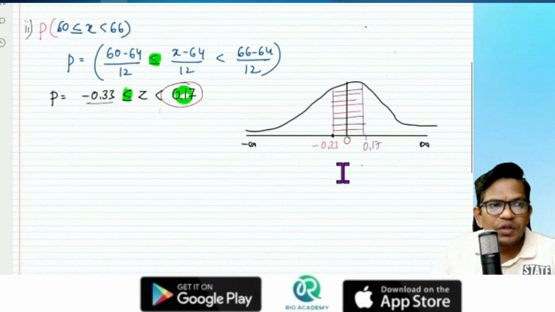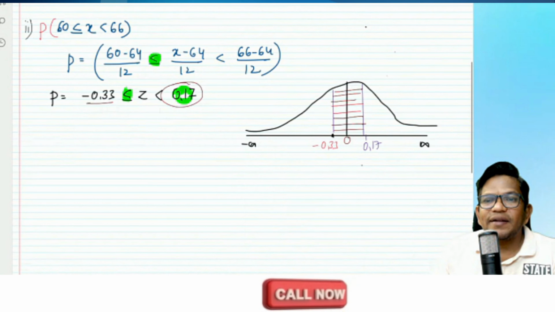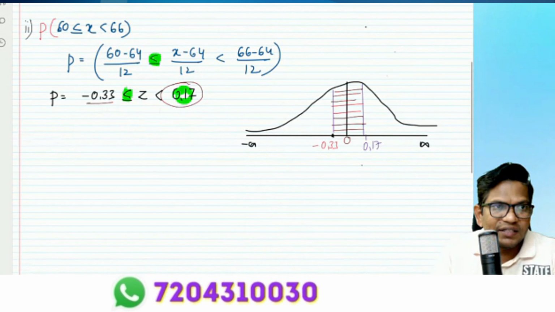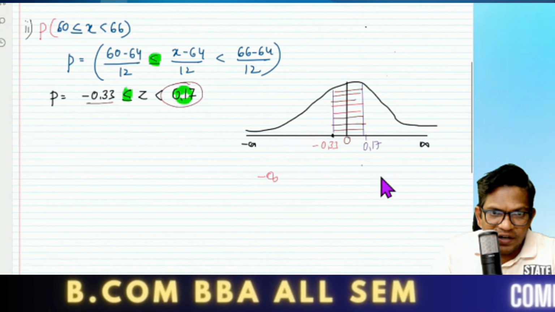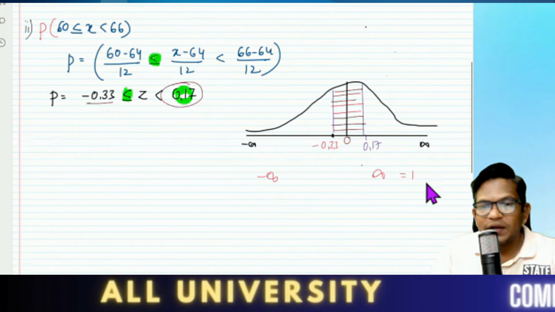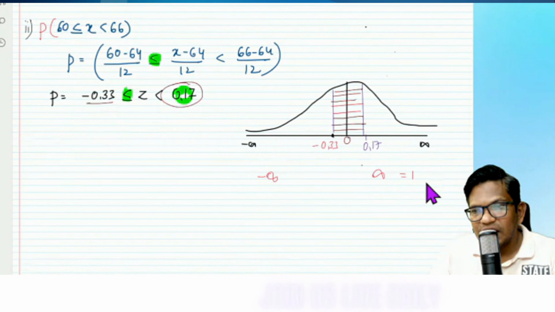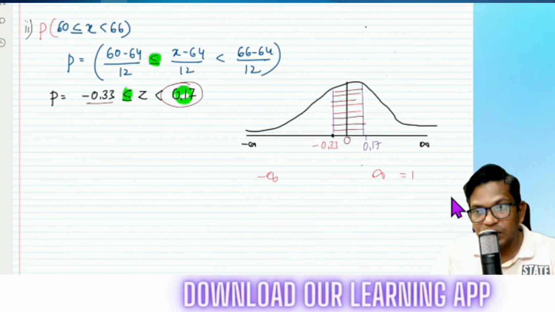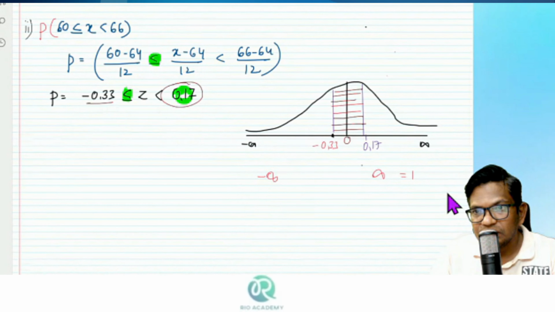Now the very important part comes. Listen here. You know that minus infinity to plus infinity is equal to 1. In the last class itself, I told you.